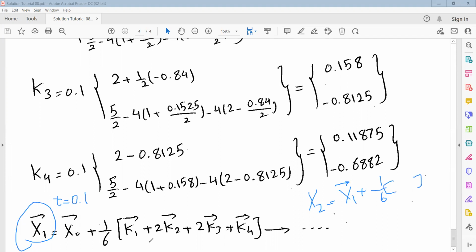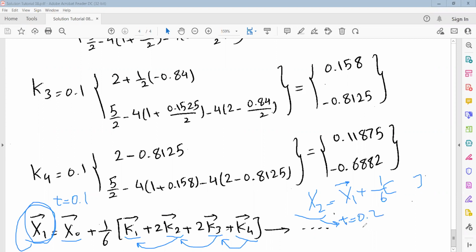But this time to calculate k1, instead of using the x naught, you need to use the x1. And for k2 again you will use the x1 and k1. To calculate k3 you will use k2 and x1, and finally for k4 you will use k3 and x1, and you can obtain x2.